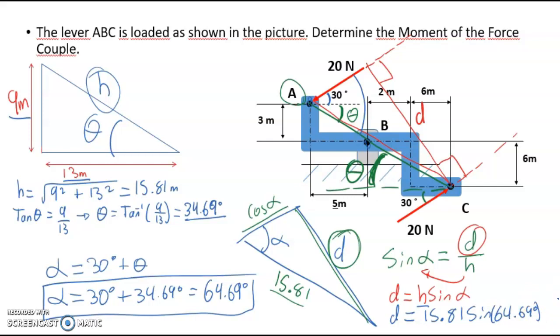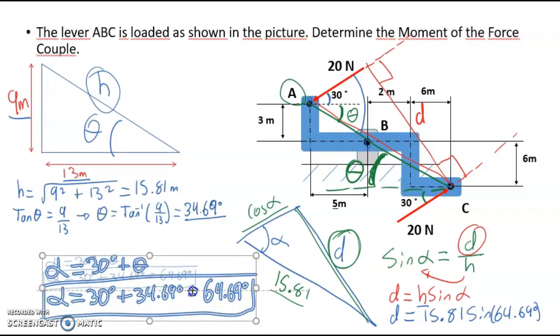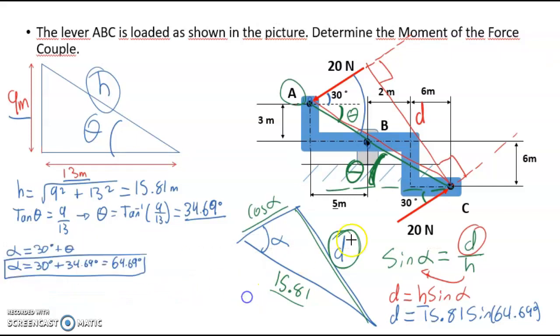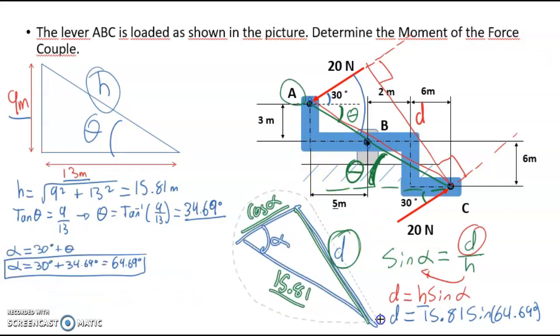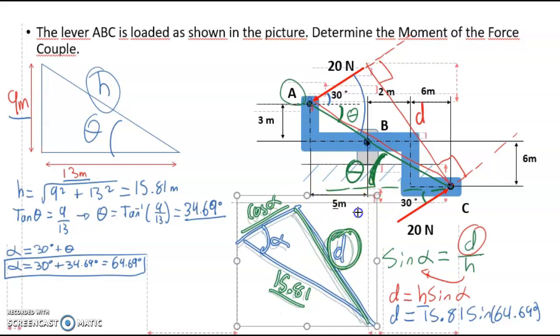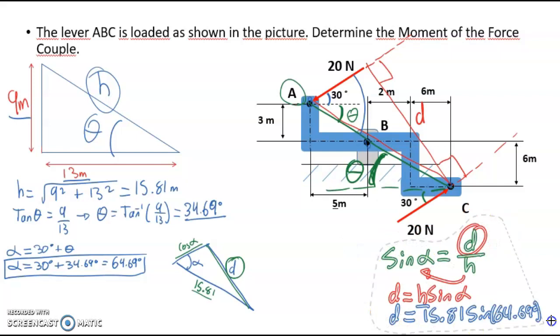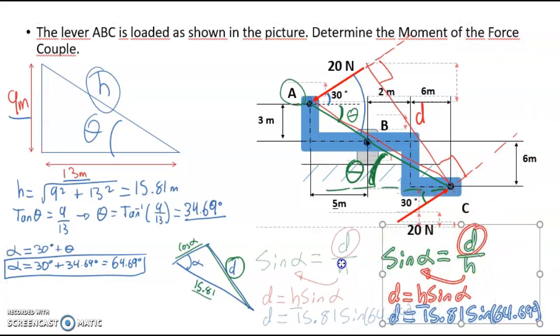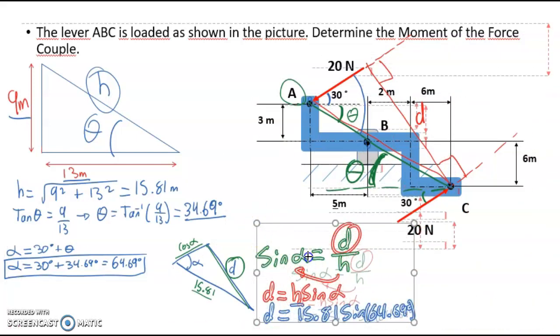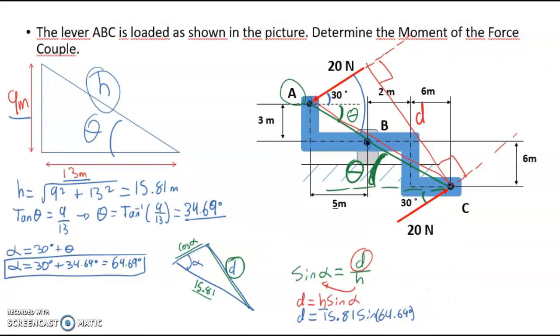The total perpendicular distance between my two forces is going to be, let me just fix this up, 14.292 meters.